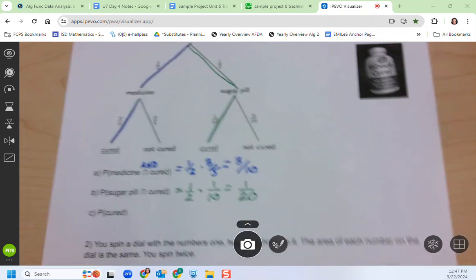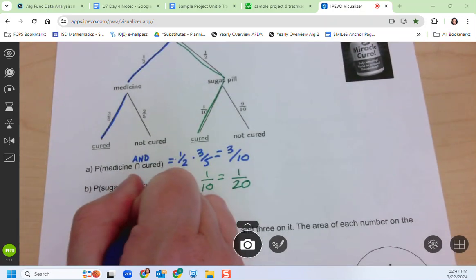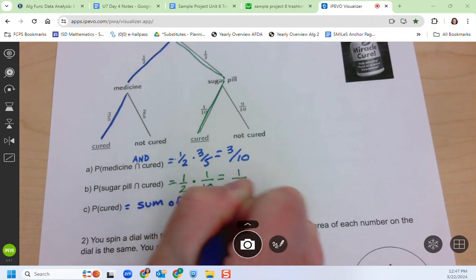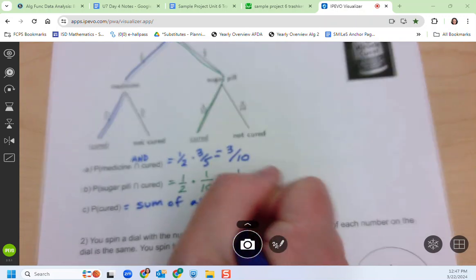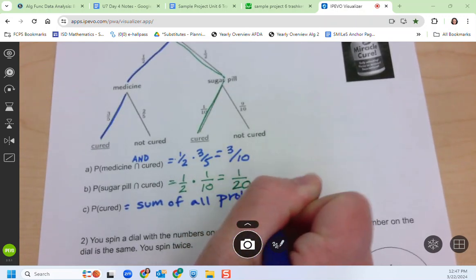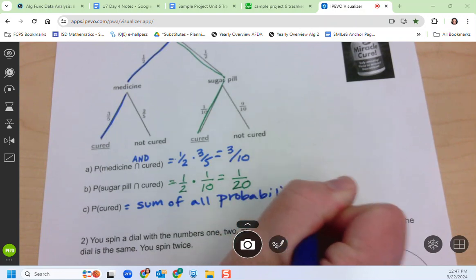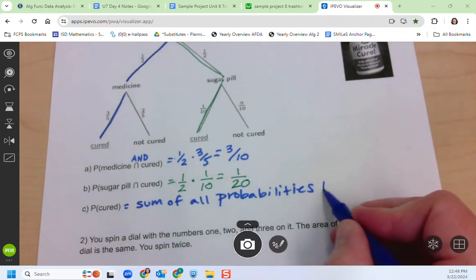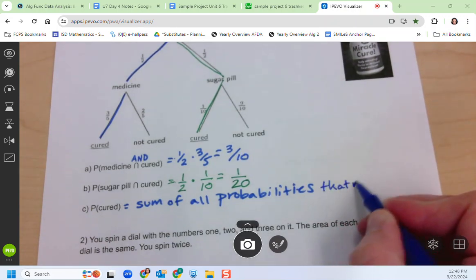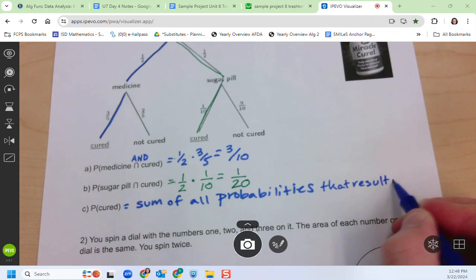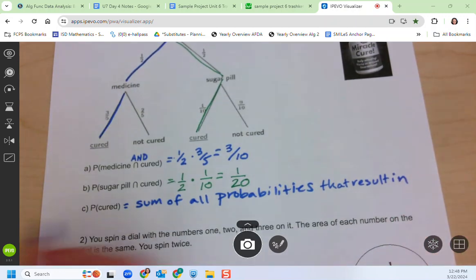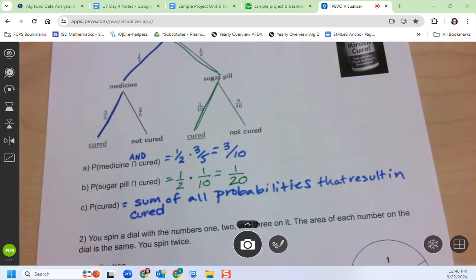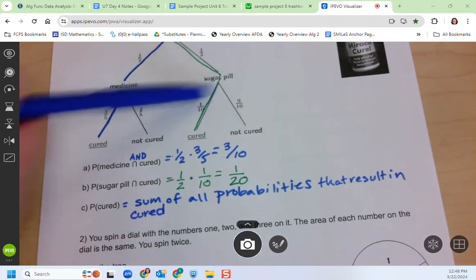So the probability of being cured is the sum of all probabilities that end with being cured, or that result in being cured. Okay, so the only ways to be cured are medicine cured and sugar pill cured.